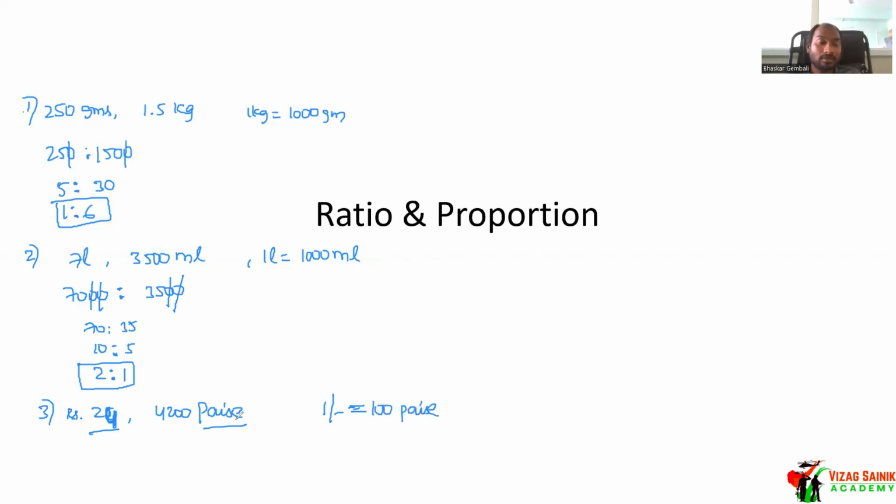Substitute చేస్తే 2400 is to 4200. Cancel the 0s, one 0, the other 0 also cancels. Both are in the 3 table. 3 eights are 24, 3 fourteens are 42. Both are in the 2 table. 2 fours are 8, 2 sevens are 14. So the ratio will be how much? 4 is to 7. I hope everyone understood.